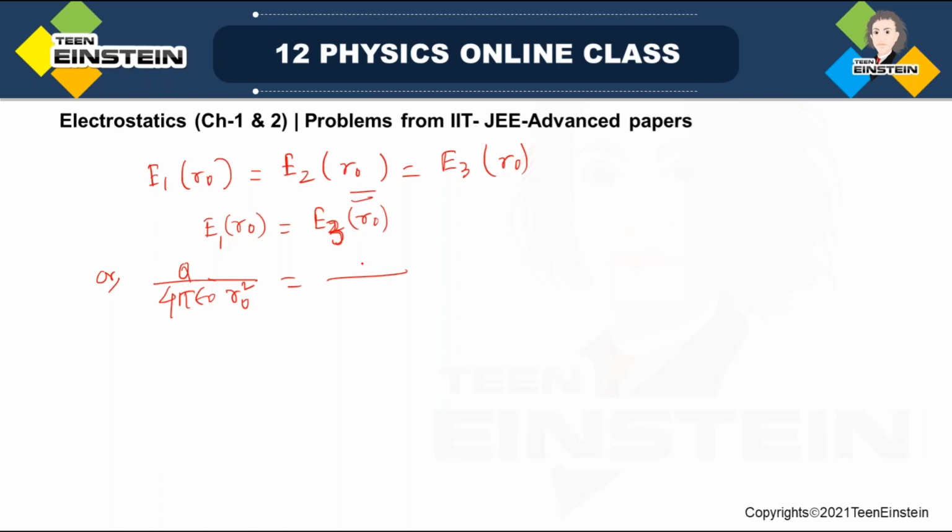So E3 is sigma by 2 epsilon 0. So epsilon goes off from both sides. If we require something from here, we can find out. Then it goes like this: Q by 4 pi, 4 pi will become 2 pi actually.